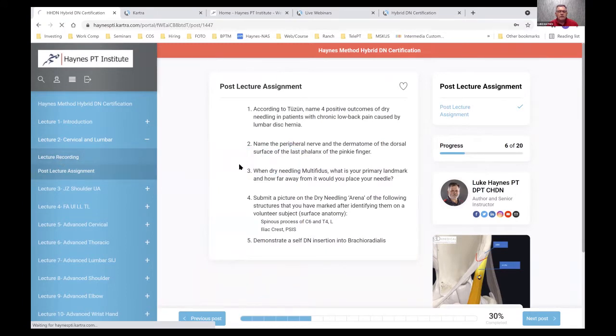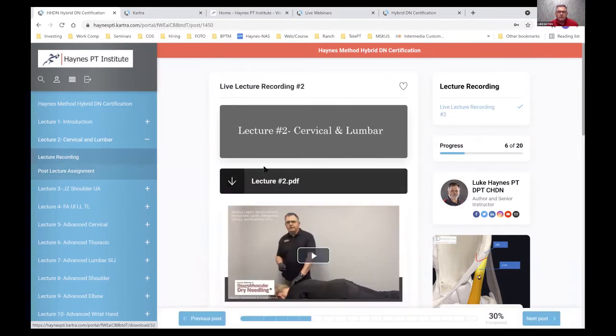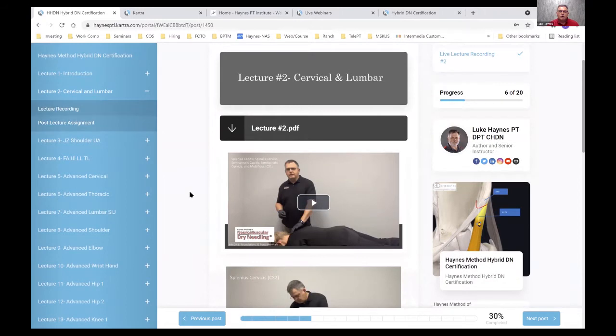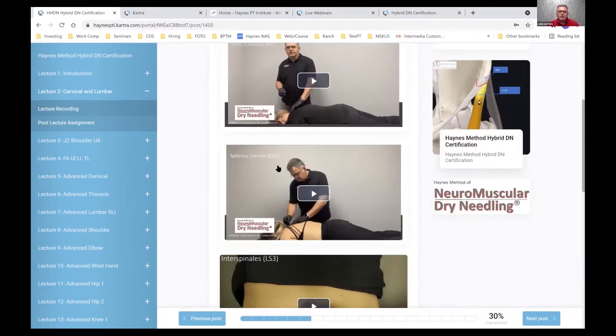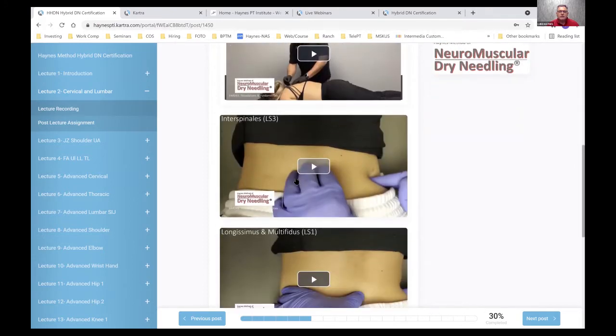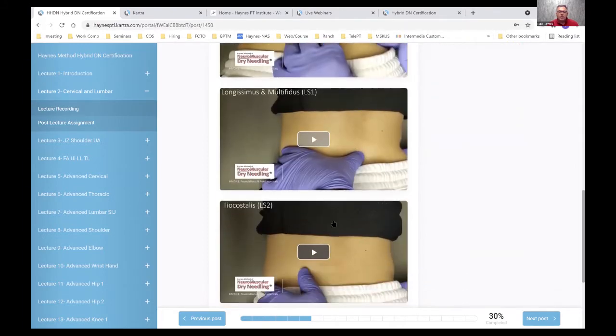I'm also listing all the videos of all of the needle stick placements that we do for that lecture. So for last lecture, that upper cervical, the lower cervical down at T4, the interspinalis down in the lumbar. So anyway, just videos of all of those sticks so that you can have them.